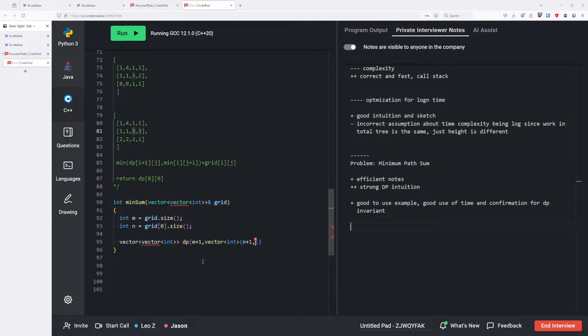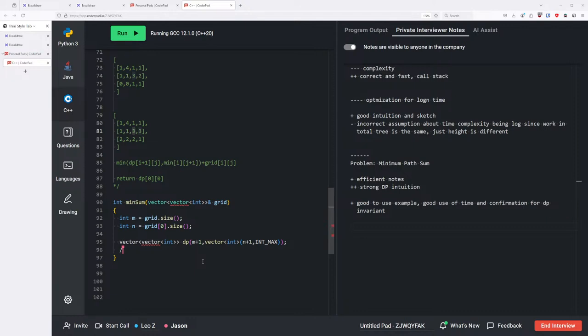And then we can initialize the default value to be a really big number, like let's say int max or something. I mean, in your method, you'll overwrite every value of DP anyways. Yeah, the value of DP itself doesn't matter. That's true.